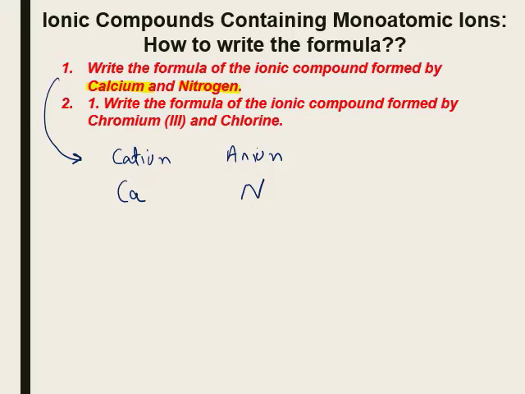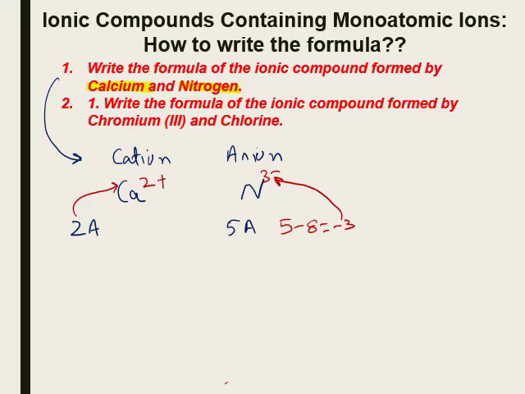If we look at the periodic table, we will find that calcium belongs to 2A and nitrogen belongs to 5A. So 2A means calcium has a charge of 2 plus, and 5A means nitrogen has a charge of 5 minus 8 equals -3, so its charge is 3 minus.